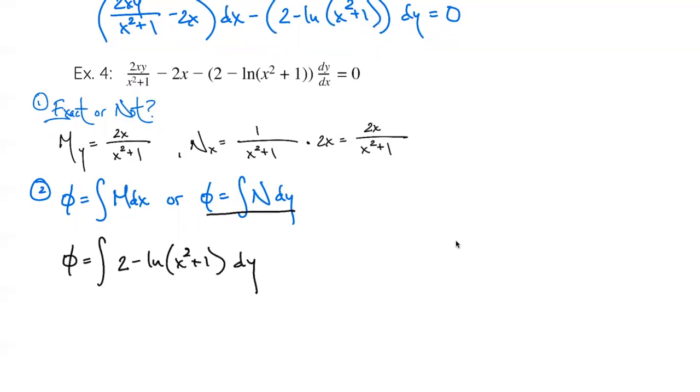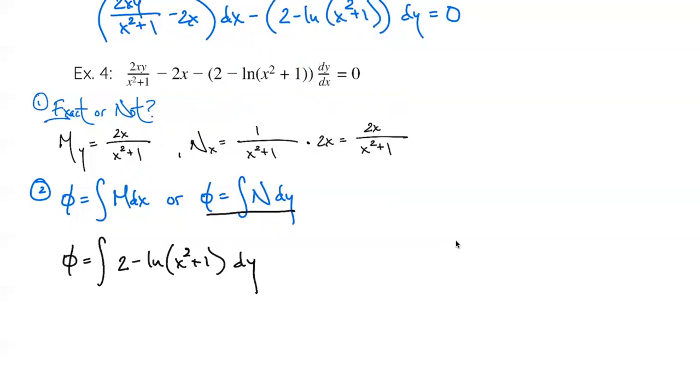Why would I choose this one? This was actually a pretty good example of when you should choose one over another. The reason is that everything here is considered a constant, so when I integrate, I just need to put a y at the end of each one.